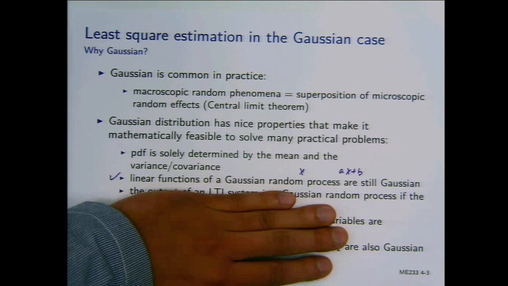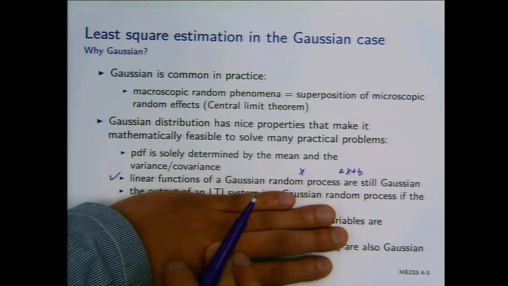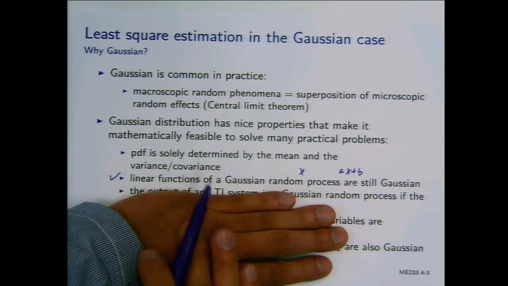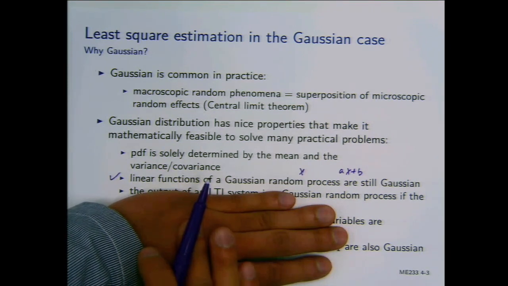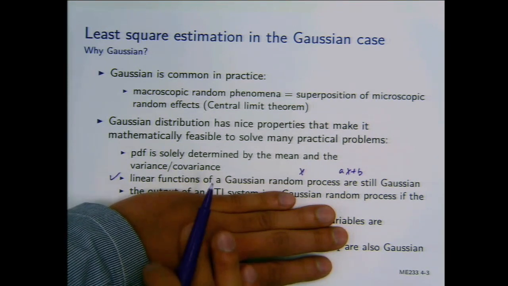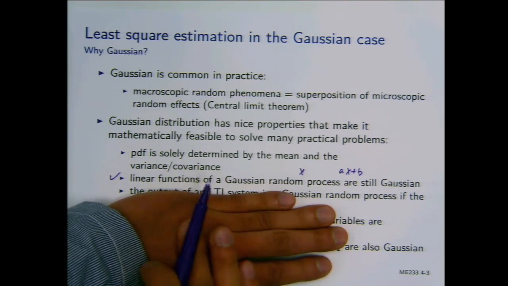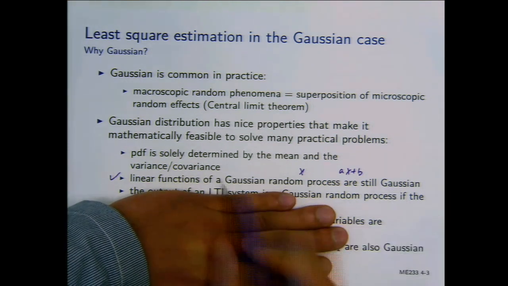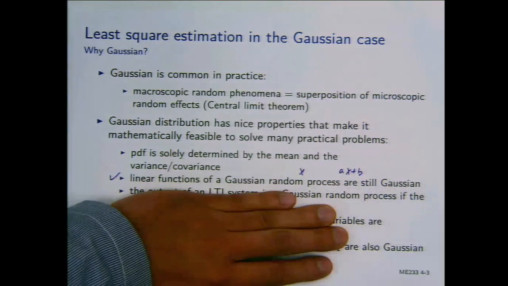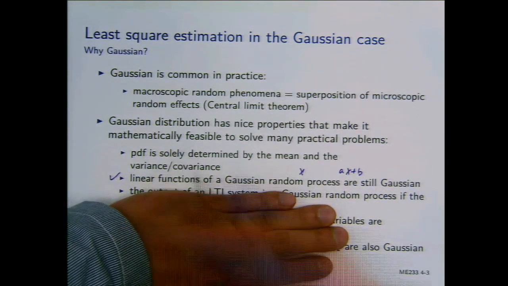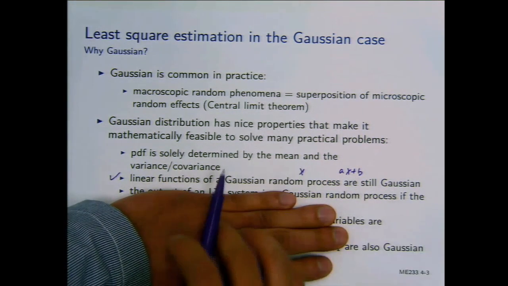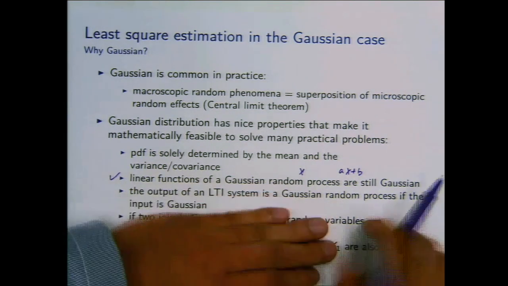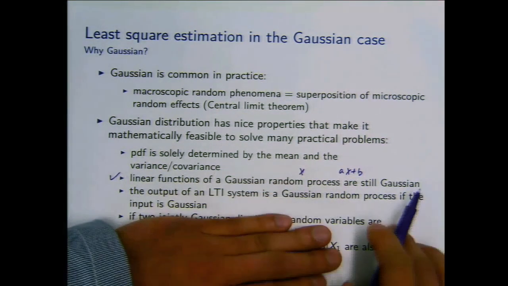That's very close to answering the question. Just go one step further. If you do the PDF, it will also have a linear relation to the original PDF. Yeah, that's exactly the case. If you write down the PDF, you will see it's still going to be an exponential type of function. We can know the mean and the variance. So from the PDF, we can still know it's Gaussian.